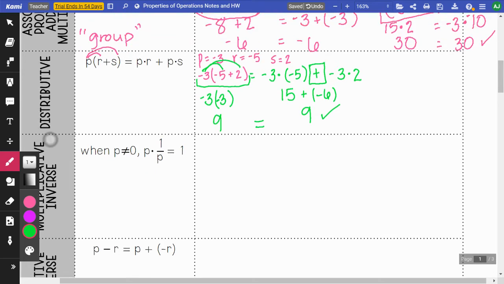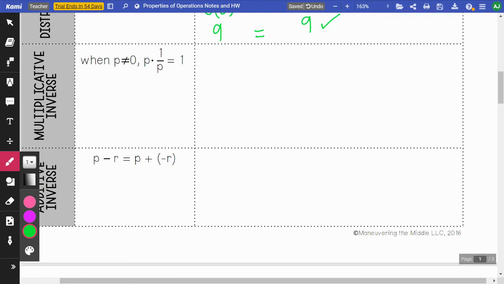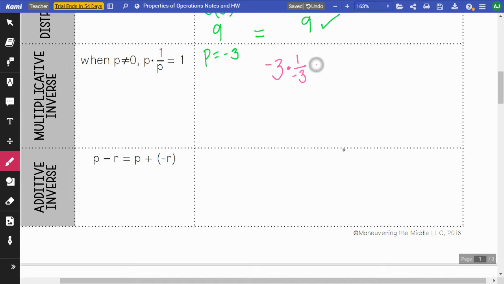All right, we have our multiplicative inverse. Okay, multiplying by the inverse. If I have P equals negative 3, I set this up as negative 3 times 1 over negative 3, and that'll equal 1.